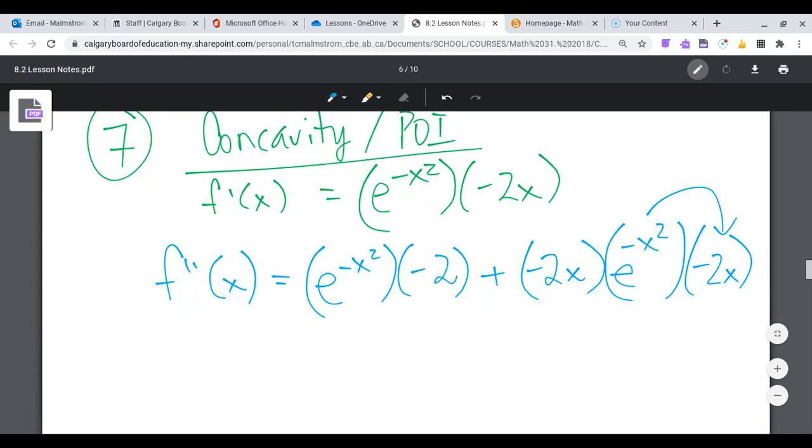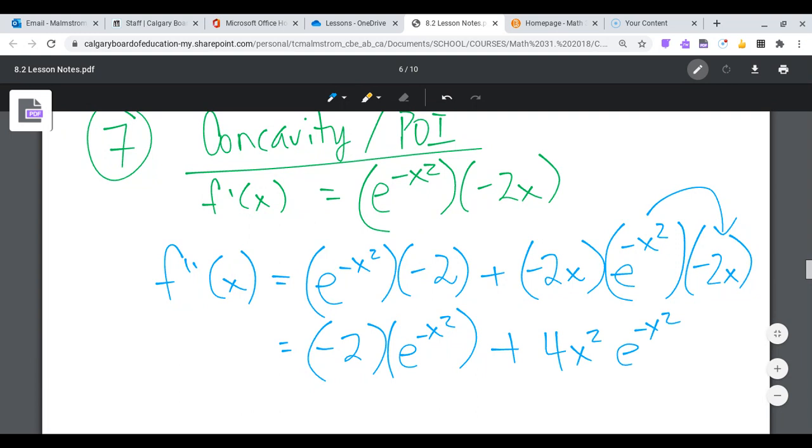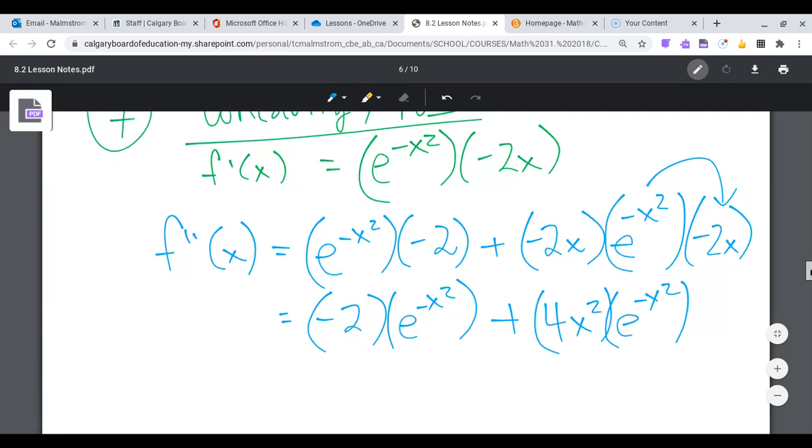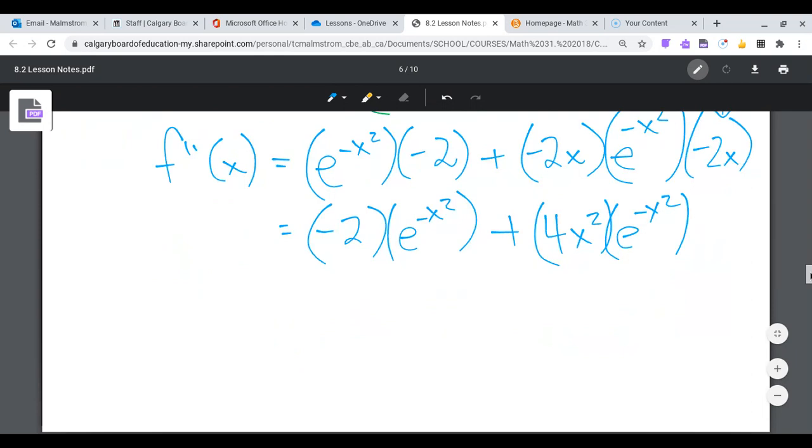Okay, so then the best thing to do here is to factor. Now you might feel it might be better to reorder and tidy up before you decide on your GCF. 2 times 2, 4x². And then it's so much easier to find your significant number.